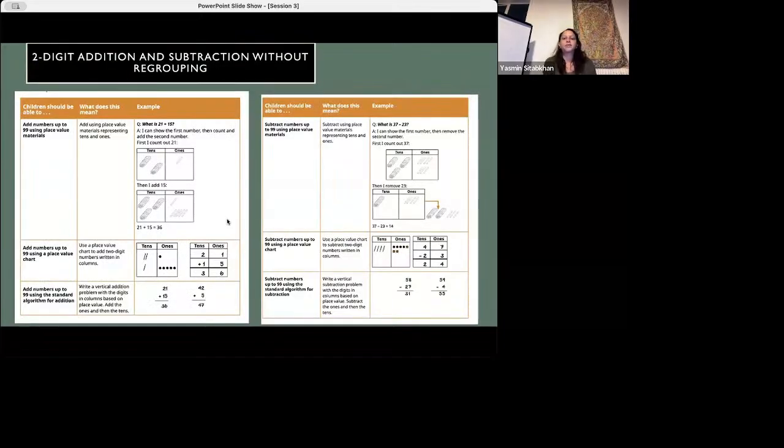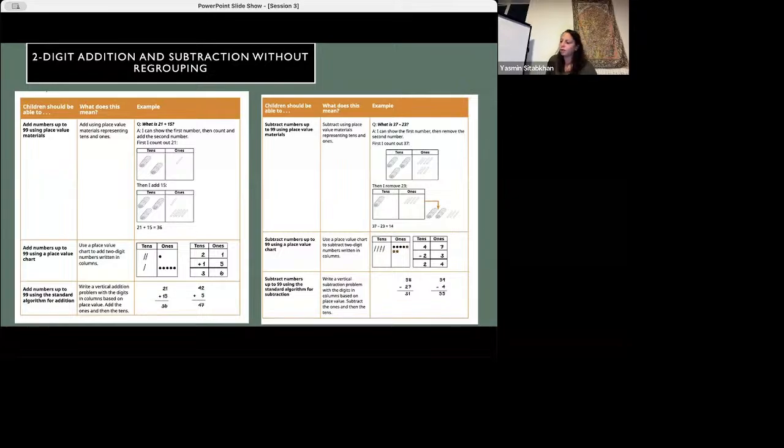So just to go over this a little bit, what do students learn as they go through this? The first is what we just did, adding numbers up to 99 using place value materials. We could have done it using the place value chart as well, right? That can also be very helpful. So we modeled it here with the bundles and sticks.